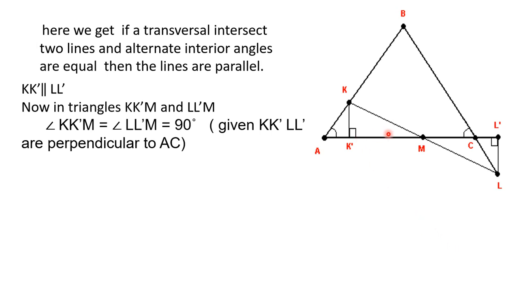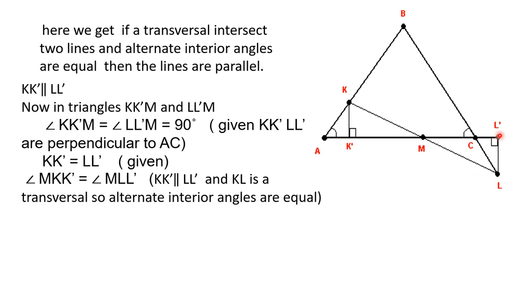Now we take the triangles which we have to prove congruent. So in the triangles KK'M and LL'M, we have this angle K' and this angle L' equal to 90 degrees. This perpendicular KK' is equal to perpendicular LL', it is given, and angle MKK' and angle MLL', these two angles are equal. Why?